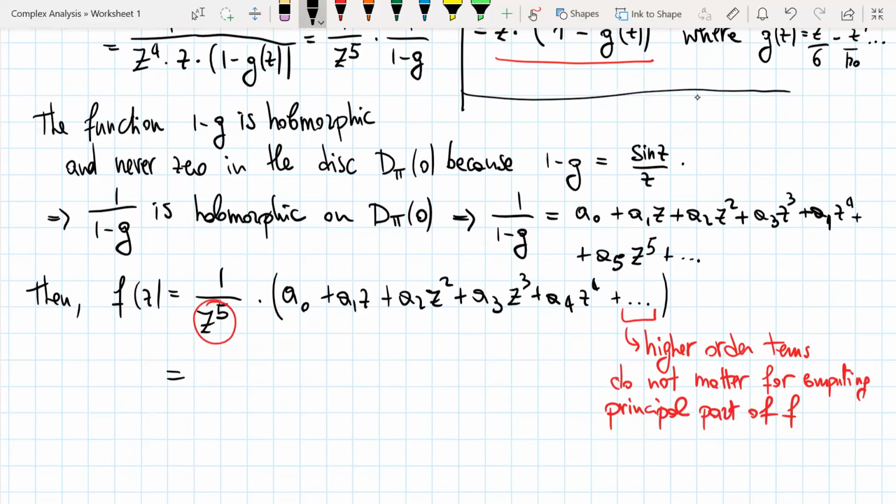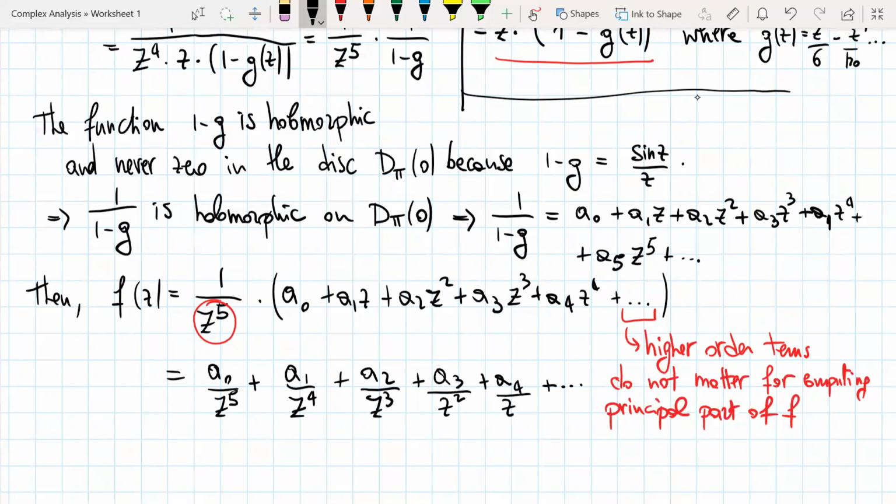So we can indeed rewrite this as a0 over z to the 5 plus a1 over z to the 4th plus a2 over z to the 3 plus a3 over z to the 2 plus a4 over z and other terms. And you see these other terms, they don't contribute to the principal part.